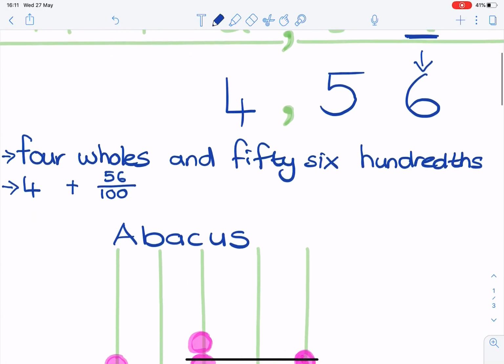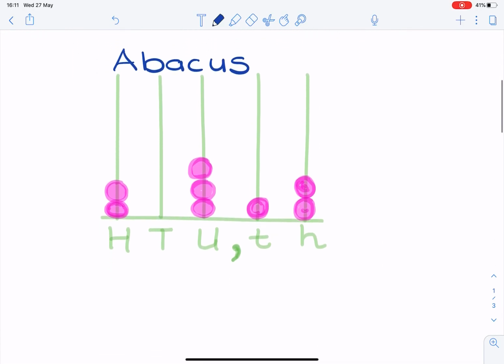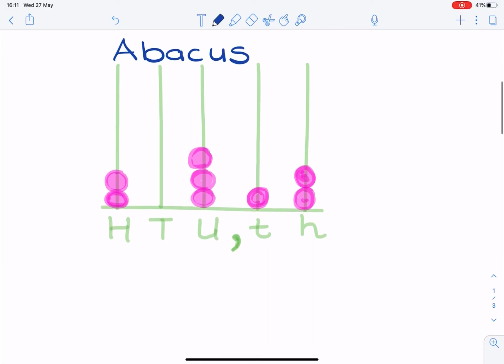Let's have a look at an abacus. If we were to write this number in expanded notation as a number and in words, it would look like this. As a number, we have got 2 in the hundreds column.